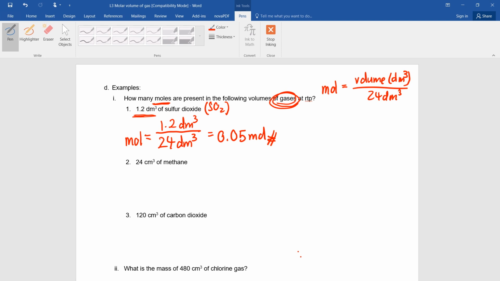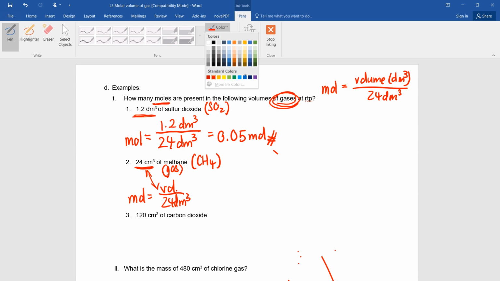Let's look at the next example, question 2. What if you have 24 cm cube of methane? Of course this is a gas also. The formula is CH4. It's a gas. It is something you must know. So knowing that it's a gas and you're given volume, one way to find the number of moles is to use the formula that we just learned: mole is equivalent to volume divided by 24 dm cube. But can we just take this 24 and sub it into this volume? Some of you might have noticed you can't do that because this volume must be in dm cube.